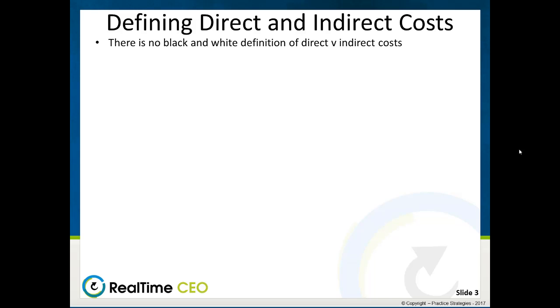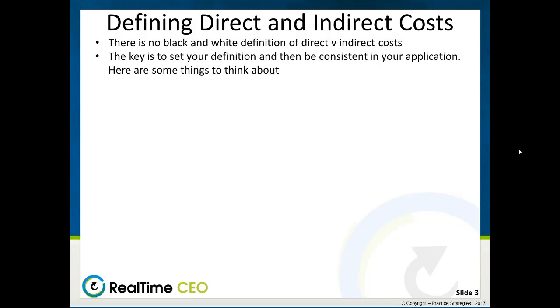One of the most common questions that we receive when we're giving keynote addresses or business improvement workshops is, what is the best definition or the correct definition of direct versus indirect costs? I can tell you categorically that there is no black or white, no right or wrong definition of direct versus indirect costs.